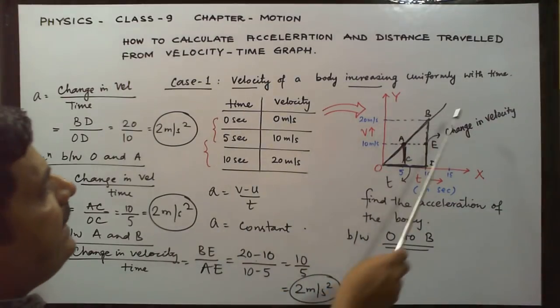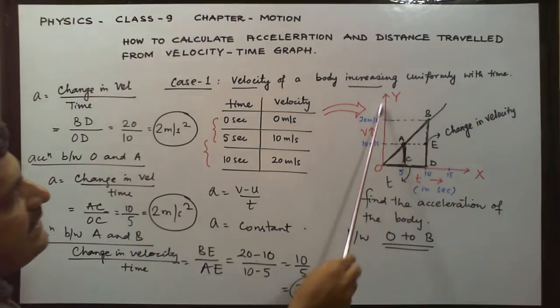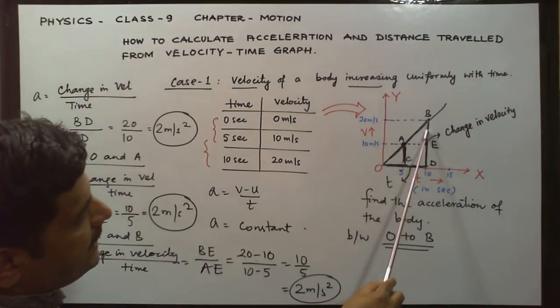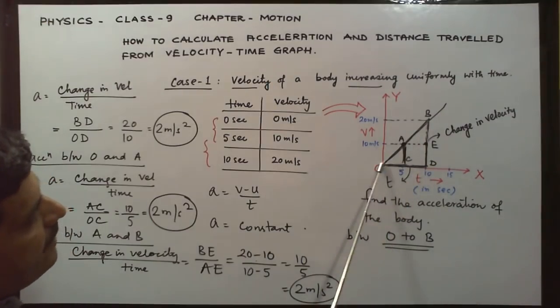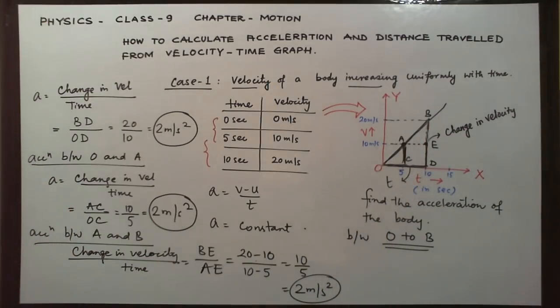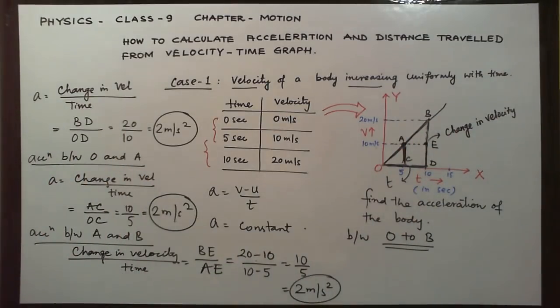Okay, so to generalize it, how to find out the acceleration? Acceleration can be found out by drawing a perpendicular; we know the base, so we get perpendicular by base. And perpendicular by base is called slope. We have already discussed this when we talked about the distance time graph.